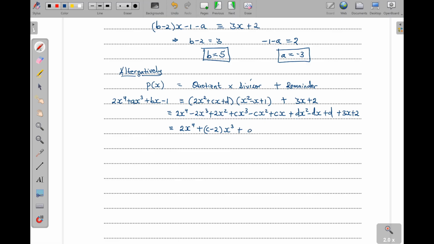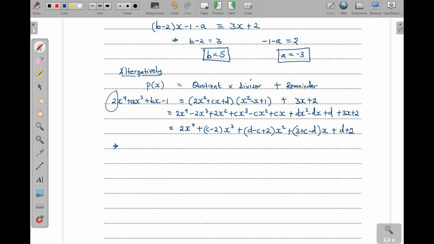That is x squared. And then for x, we are seeing c here, and then minus d here, and a 3. So it will be 3 plus c minus d. That is for x. And then the constant, we are seeing d and the 2 here. So d plus 2. Now we equate coefficients.